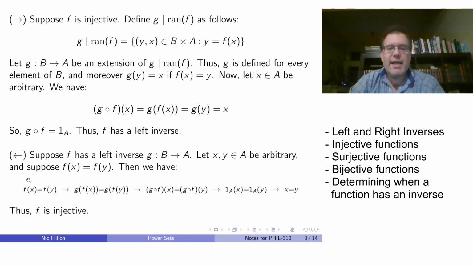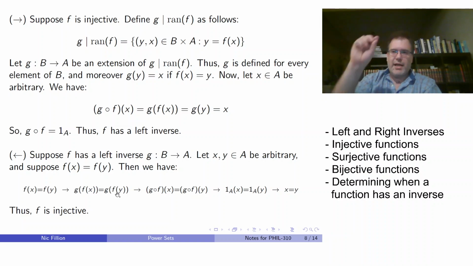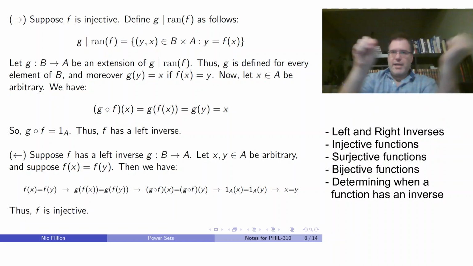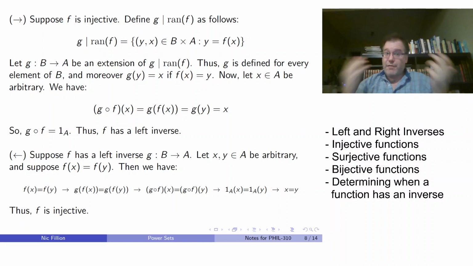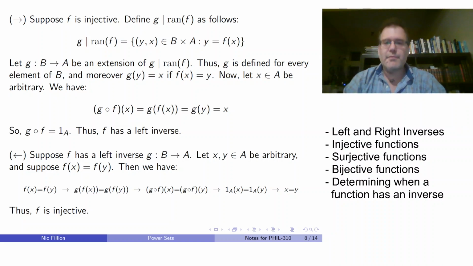Now, fx equals fy, we're going to apply the left inverse to both sides of the equation, right? So that tells us that g of f of x equals g of f of y. Because we have one object, g is a function, so it has to send it to one particular object. It cannot be two different objects. Since g is a function, it must satisfy uniqueness. Now, applying the definition of composition of functions, that tells us g after f applied to x equals g after f applied to y.